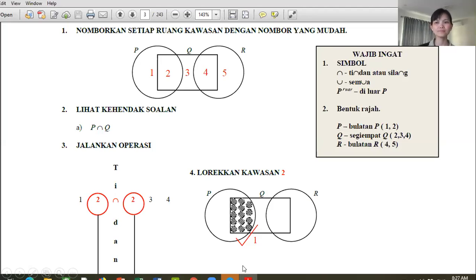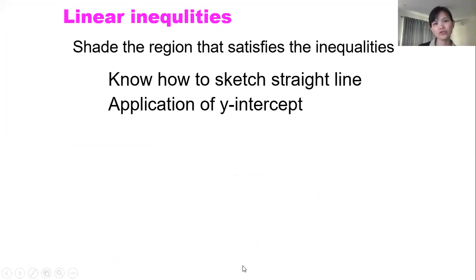Now, if the question on set is not common in SPM, then the question will be linear inequalities. So no question for set means that a question for linear inequalities will come out in SPM paper 2. For this one, you need to shade the region that satisfies the inequalities.